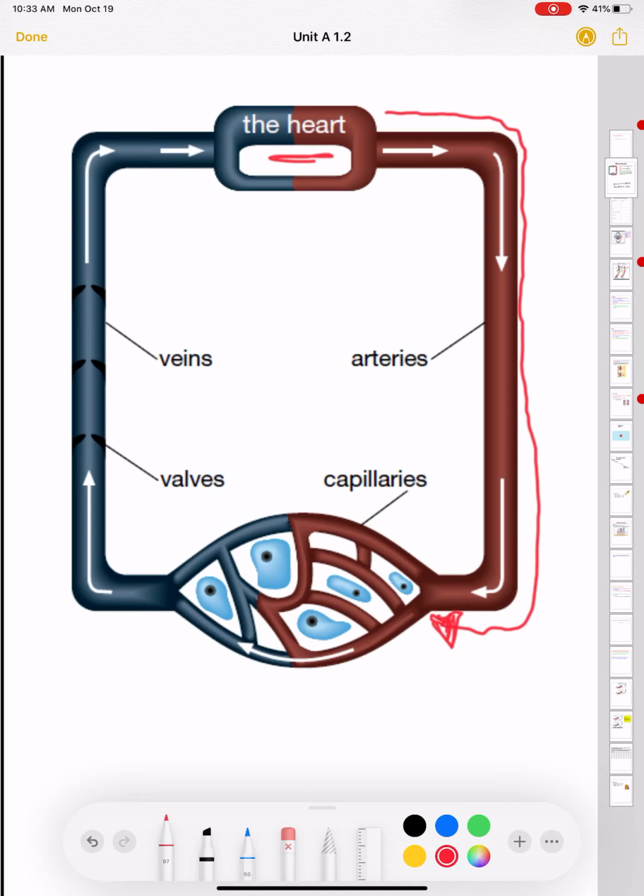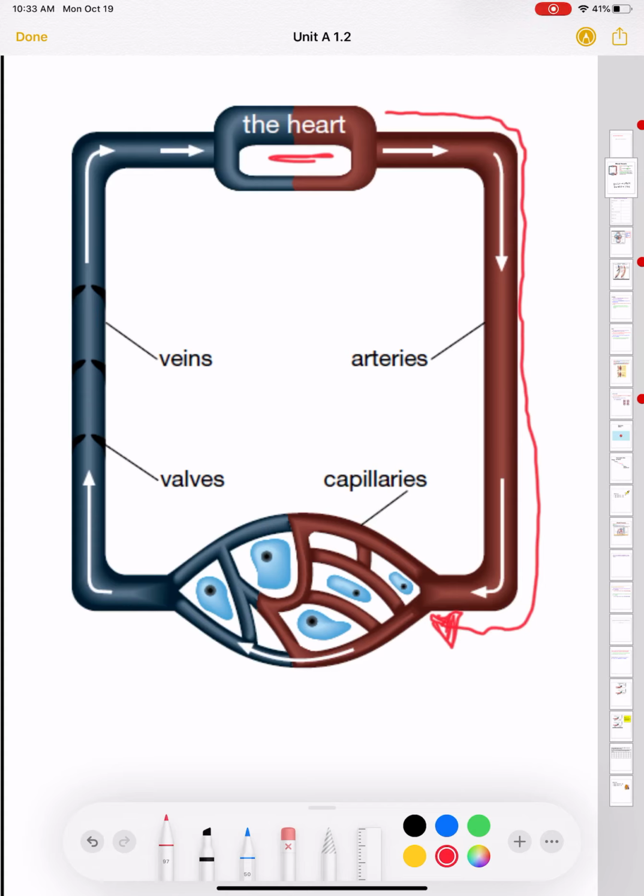At the capillaries, they're actually only one cell thick, which means that it's really easy for things to go through the walls of the capillaries. So they're very, very small, and they have really thin walls.